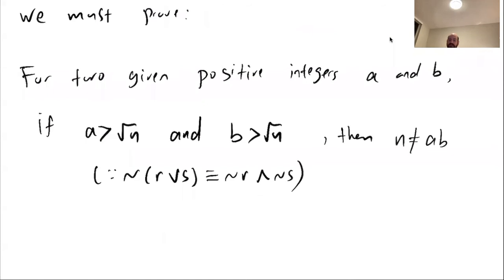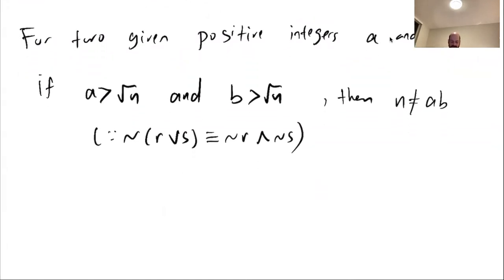But now this is very easy to prove. See, so the assumption here is, let's say, a is bigger than root n and b is bigger than root n.